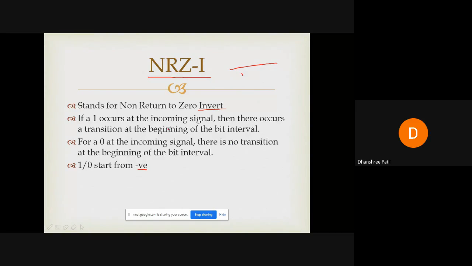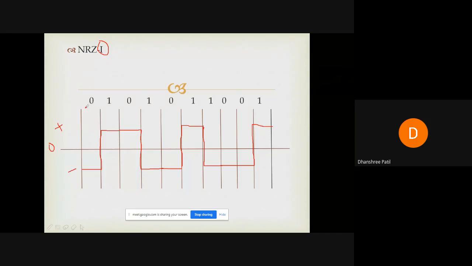That is the only difference between NRZ-L and NRZ-I. For the starting bit, either 1 or 0, it should always start from the negative side. So let's see.